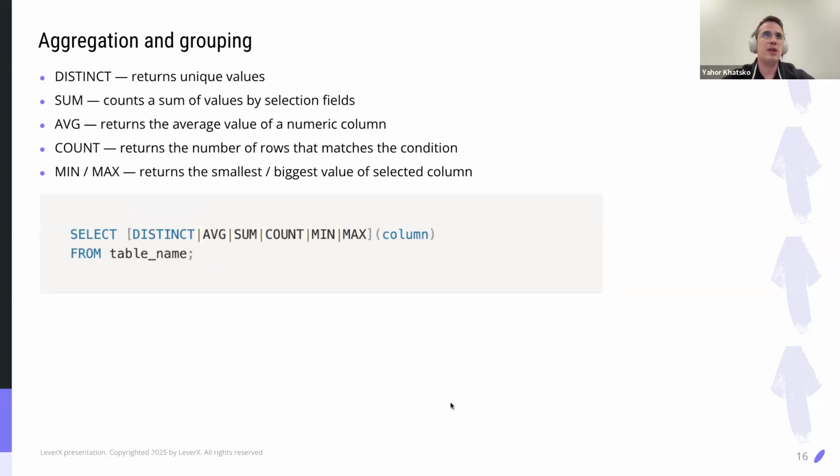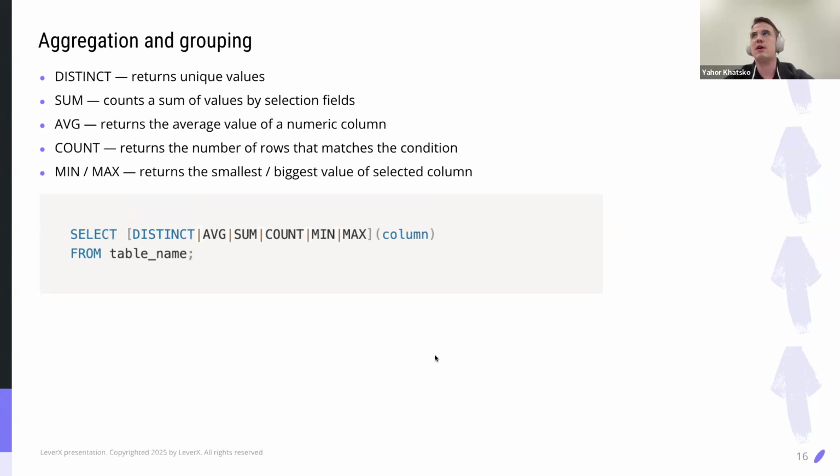And so yeah, after that we'll talk about aggregations. So that's how you can aggregate the data. Basically you are getting the data, but you can also do some additional things, like let's say distinct. It returns a unique value.